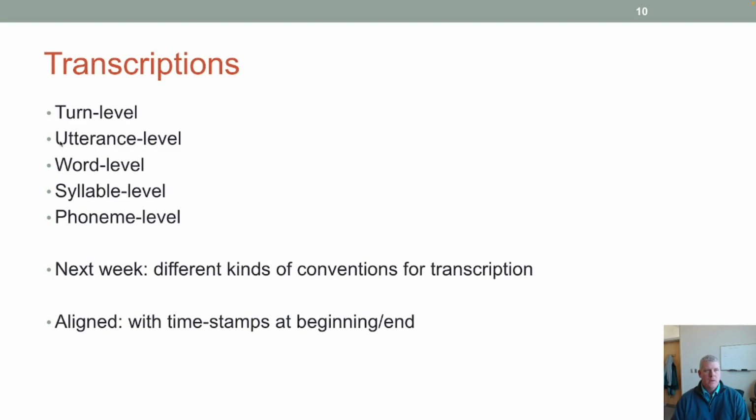That's the case with the Buckeye corpus. You can have a phoneme by phoneme transcription in what's called the Buckeye corpus from Central Ohio. So we'll see different types of annotations and conventions for transcription next week. And having time-aligned timestamps is hugely important and necessary for speech processing.